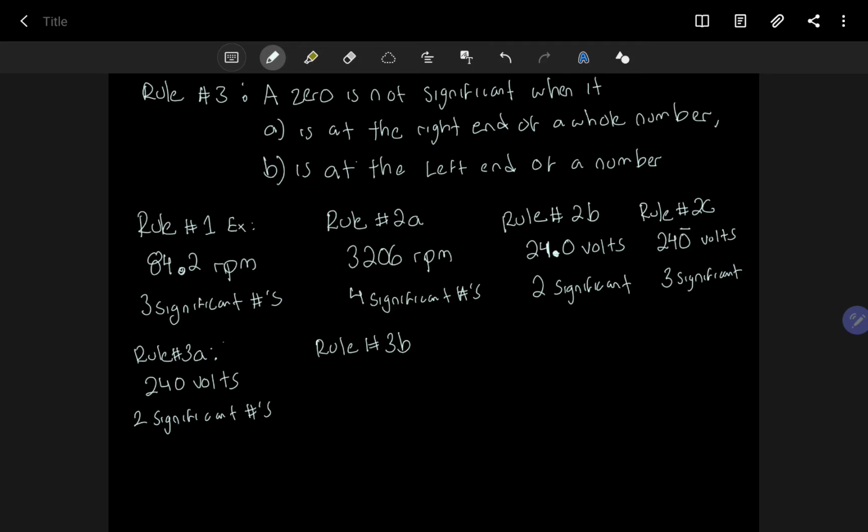Rule number 3B, 0.025. How many significant numbers do I have in this case?